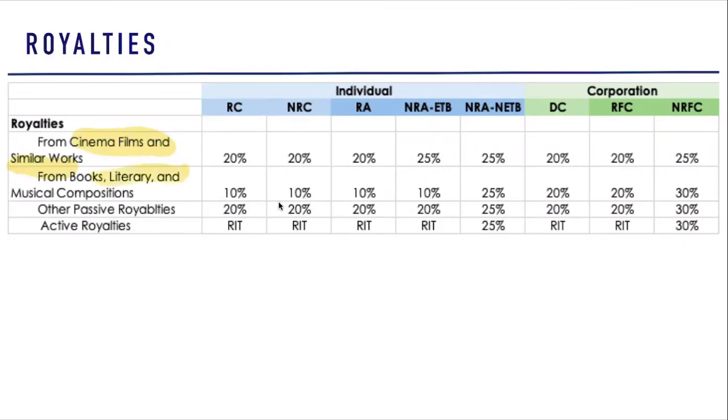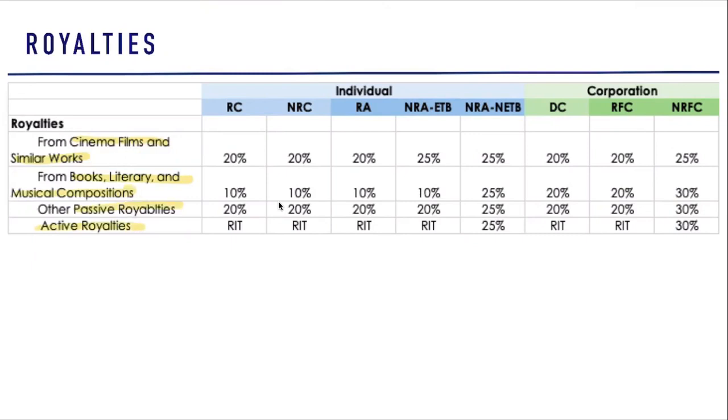Books, literary, and musical compositions, copyright din. Other passive royalties, and active royalties. So we group it based on these items. So first, we have your cinema films and similar works, books, literary, and musical compositions, other passive royalties, and active royalties. So how do we tax them?